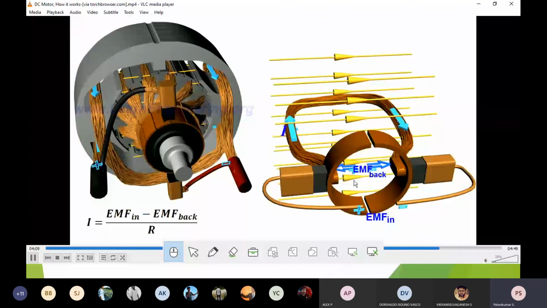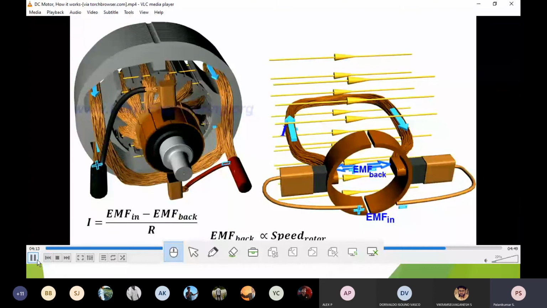The current value is decided by the supply voltage V and the back EMF, the voltage produced in the coil that opposes the cause. The difference between the available voltage, divided by the resistance of the coil, decides the current.